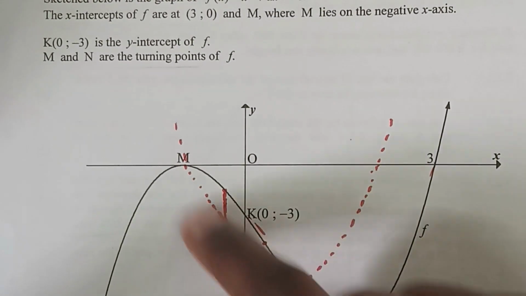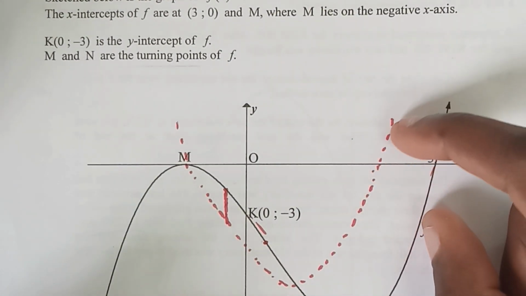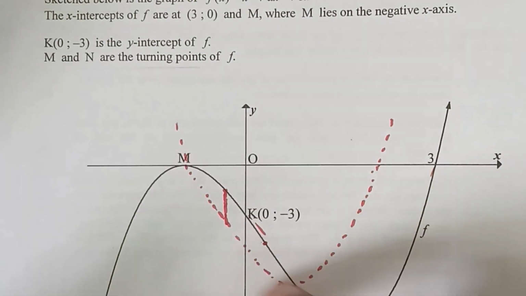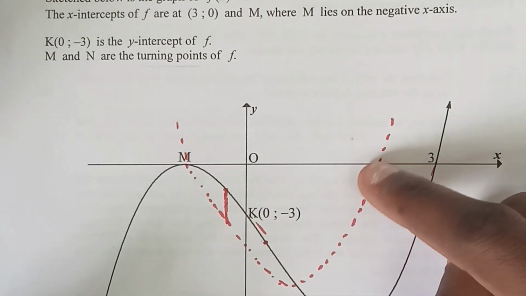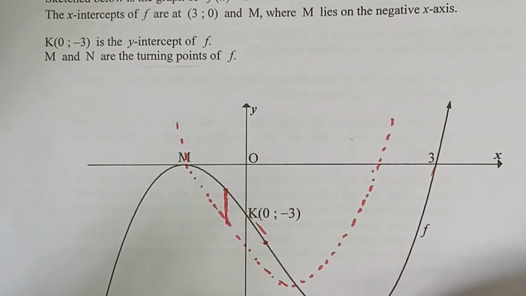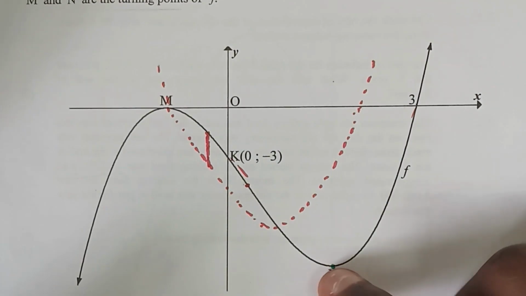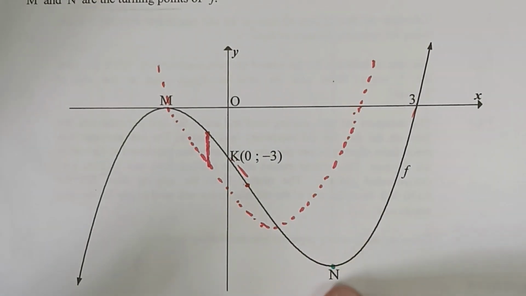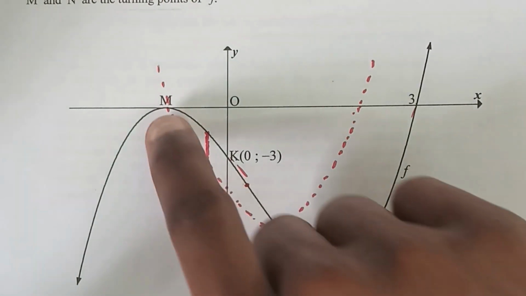That is the quadratic graph. So the quadratic graph has x-intercepts that are the same as the x values of the turning points. So we got the x values of the turning points as positive 2 and negative 1.